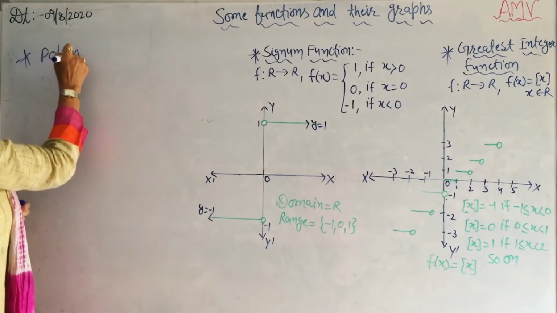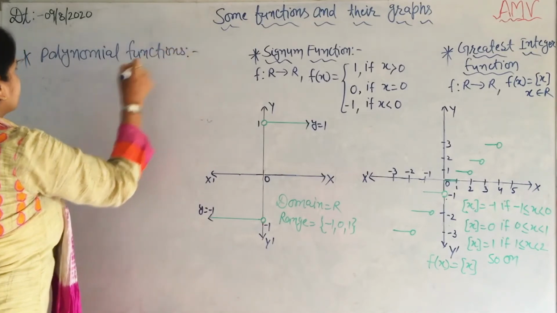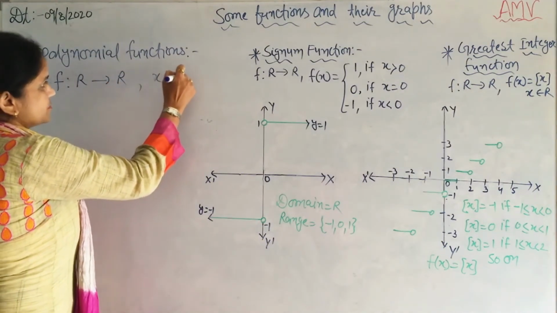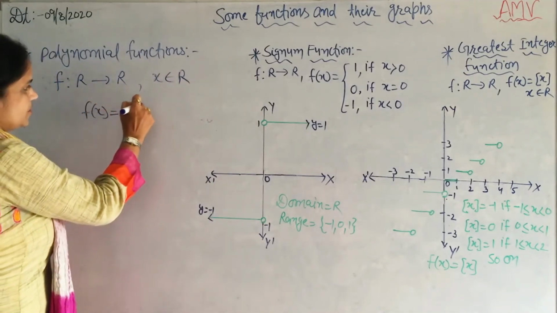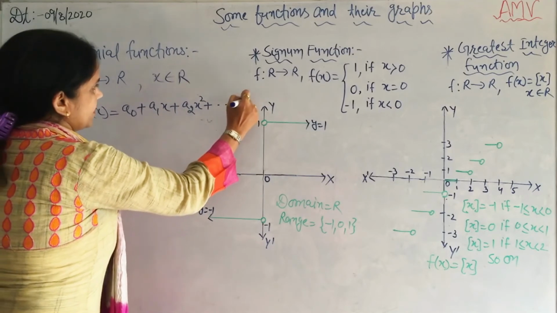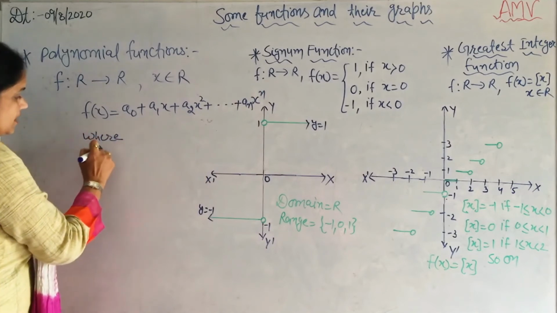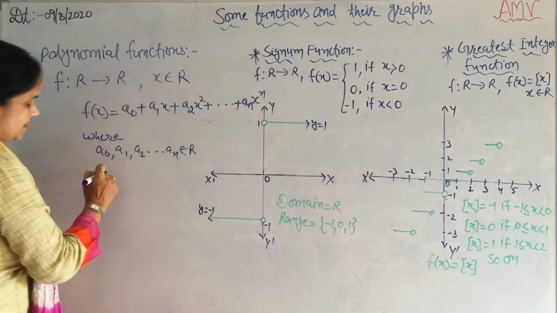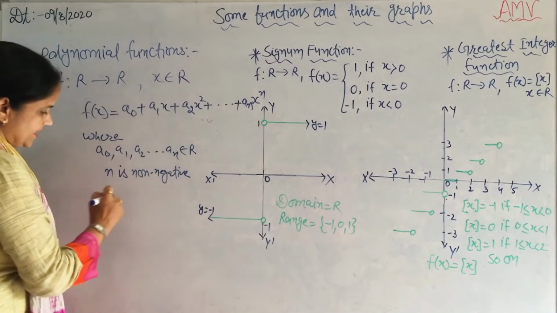Polynomial functions: f from R to R, for x belongs to R, real numbers, and f(x) is equal to a0 plus a1 x plus a2 x square, and so on, up to an x^n, where a0, a1, a2, an belong to R, and n is a non-negative integer.